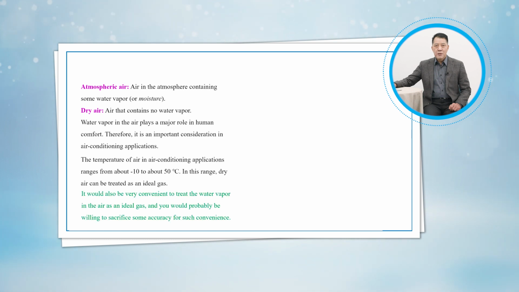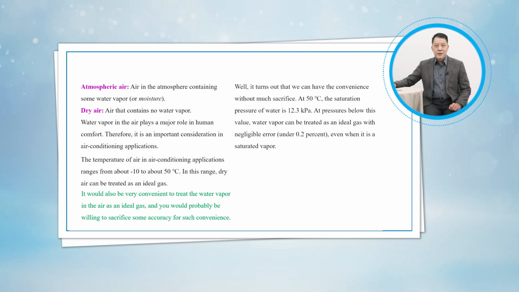It would also be very convenient to treat the water vapor in the air as an ideal gas, and you would probably be willing to sacrifice some accuracy for such convenience. Well, it turns out that we can have the convenience without much sacrifice.